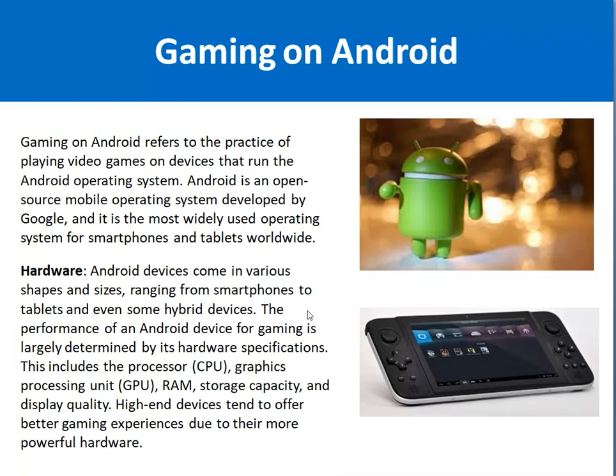All those things are considered when we talk about hardware. Normally the hardware of gaming devices is very strong because it needs powerful hardware to run the game. So generally the hardware of gaming devices is very strong and very heavy.